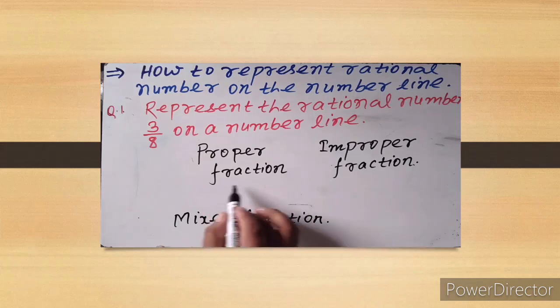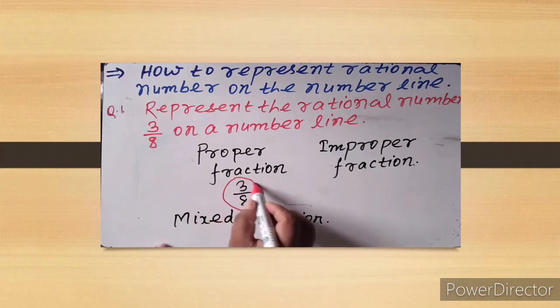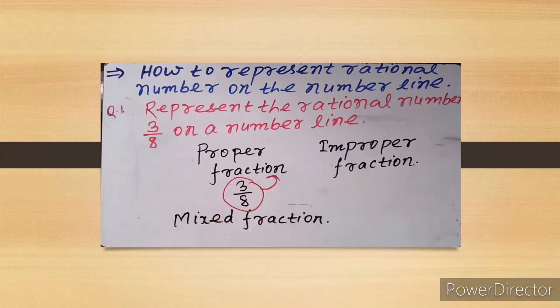So we have over here 3 by 8. If we see this 3 by 8, what is this? This is a proper fraction. Why is it called a proper fraction? Whenever the numerator is less than the denominator, that is, when the numerator is smaller than the denominator.